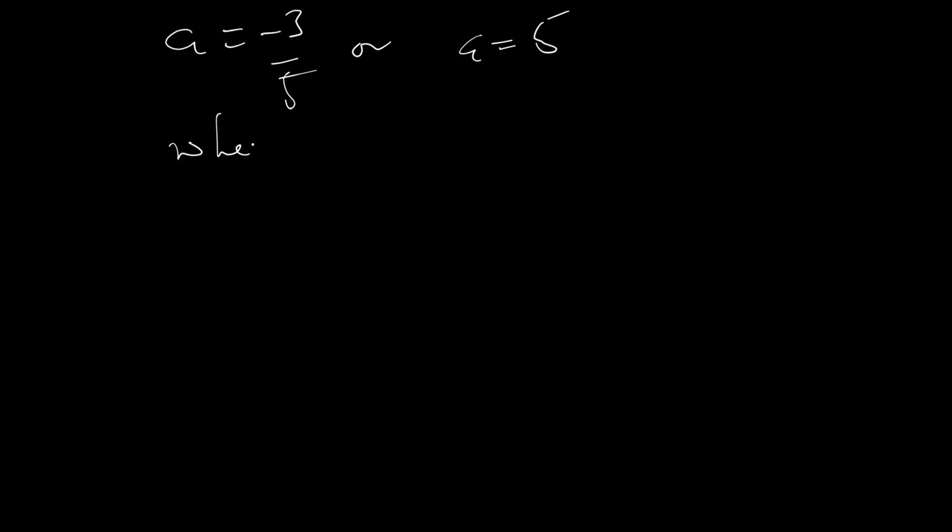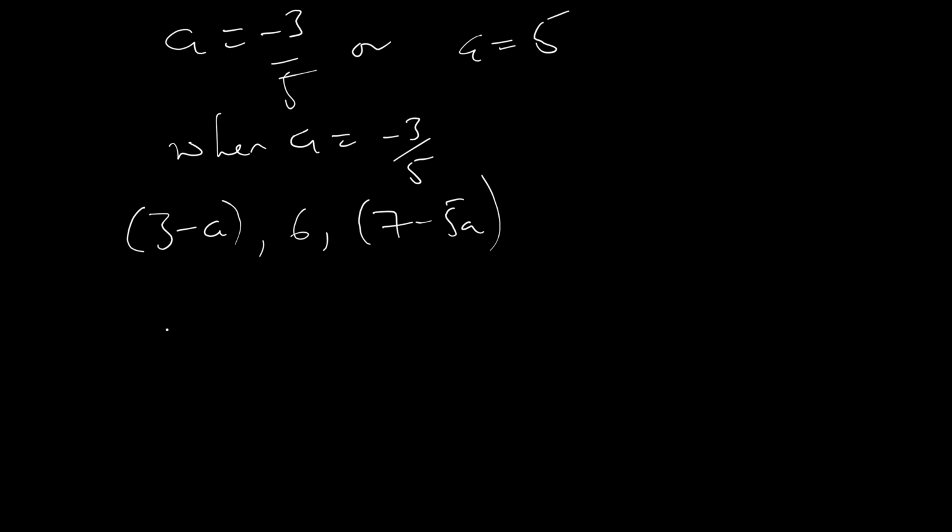So when a is equal to negative 3 over 5, for 3 minus a, 6 and 7 minus 5a, we have 3 minus negative 3 over 5, 6 and 7 minus 5 multiplying negative 3 over 5.